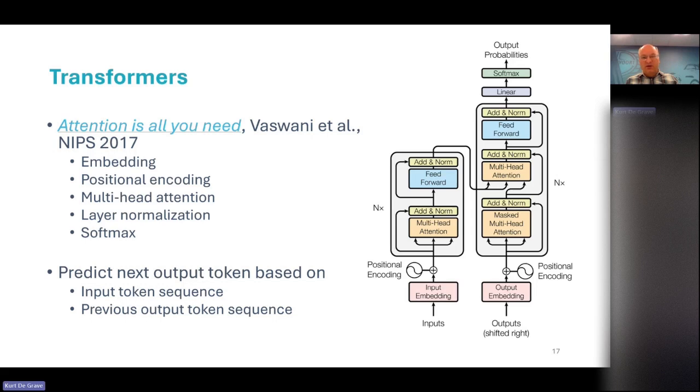And in the end, the outputs are encoded by softmax. We'll discuss all of these in detail. So again, we predict one output token by looking at all of the input tokens and all of the previous output tokens we have already generated.